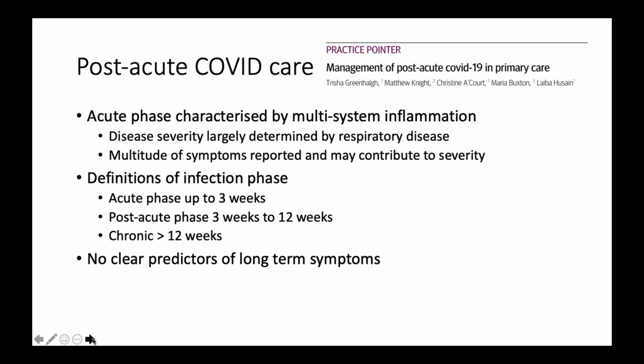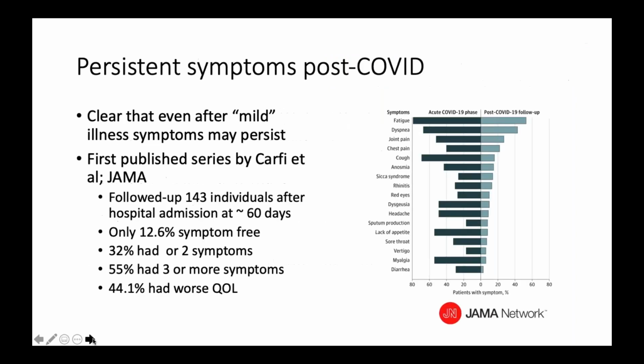There is quite a big online support community, people calling themselves long haulers or long COVID, and quite a large lay literature around this. There's more written in The Economist and The New Yorker than there is in medical literature at this point.